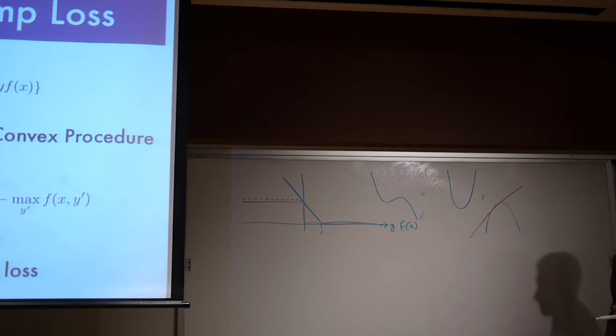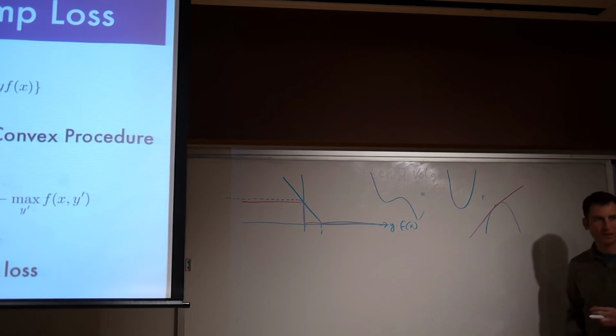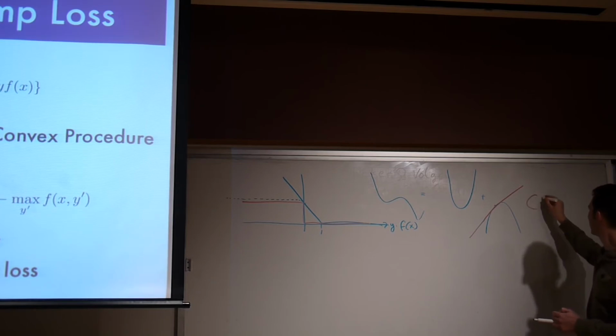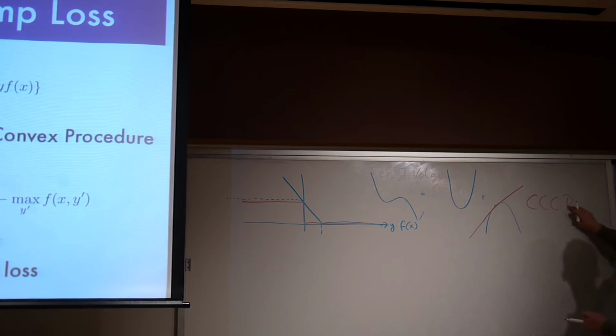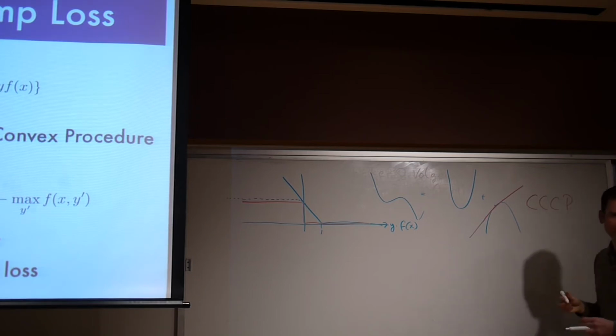And this has 3 or 4 different names in optimization. It's called the concave convex procedure, convex concave procedure. So CCCP, you can imagine that was written around that time, right? If you remember Cold War times, right? By Yuille and Rangarajan.